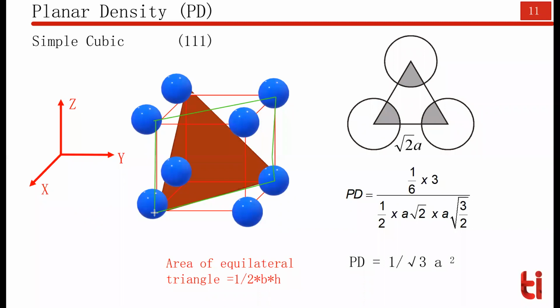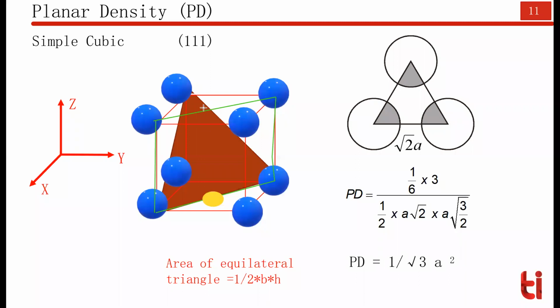This is your 110 plane, right? And if you now see, if it is an FCC structure, then you have these 4 corner atoms which are already marked. In addition to that, you will get additional atoms, which is the center of the face.